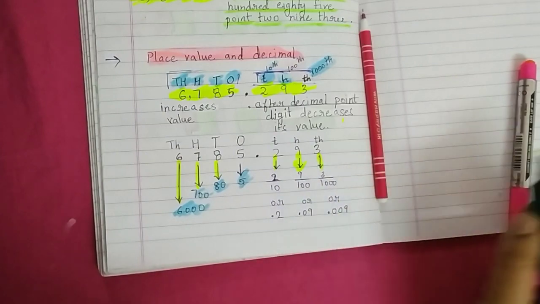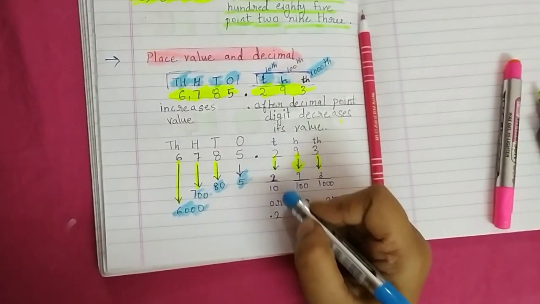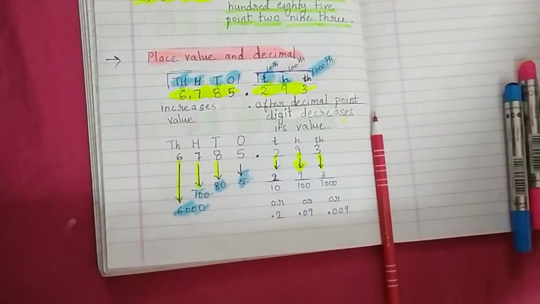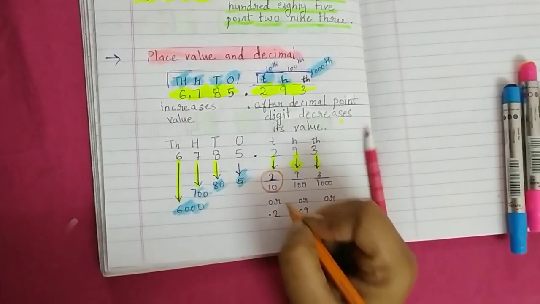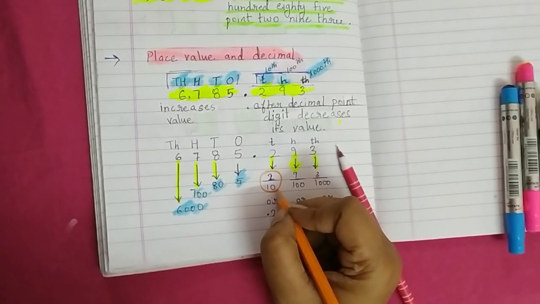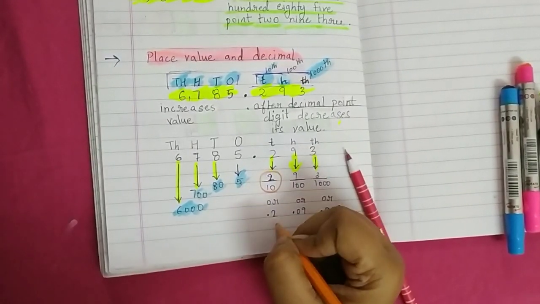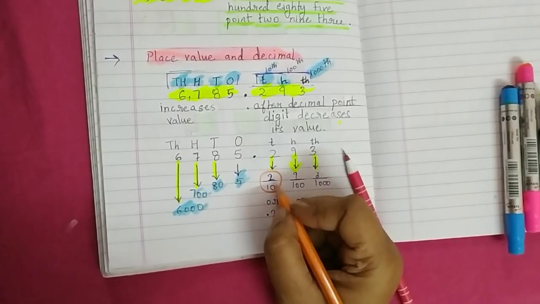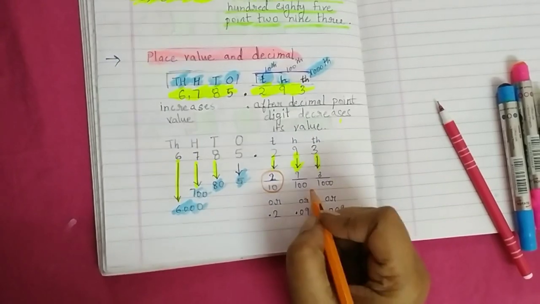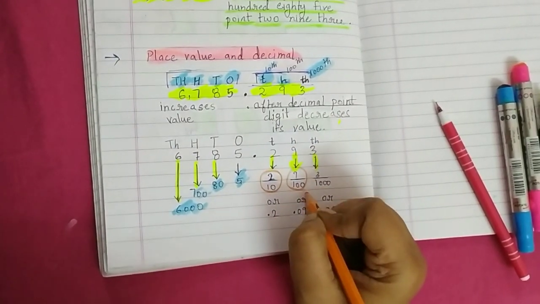We can write these as decimals. See how many zeros there are in each fraction. This is the fraction 2 upon 10. There is 1 zero in the denominator, so the decimal goes just before 2, giving 0.2. Now 9 upon 100: there are 2 zeros in the denominator, so we need 2 digits after the decimal.